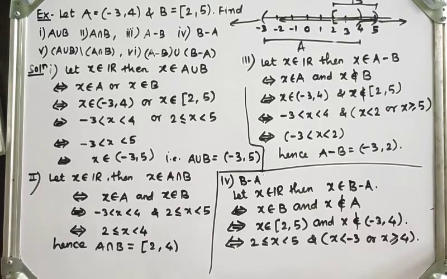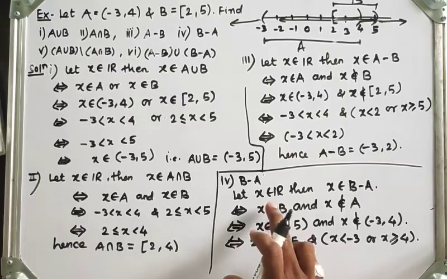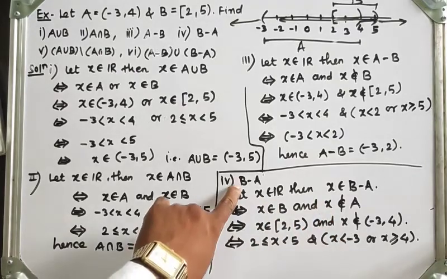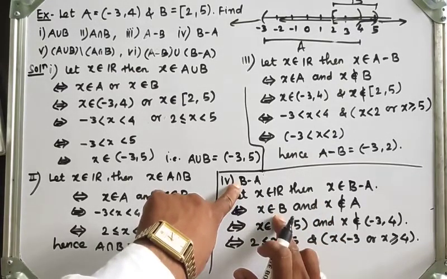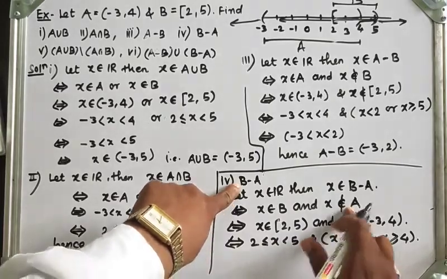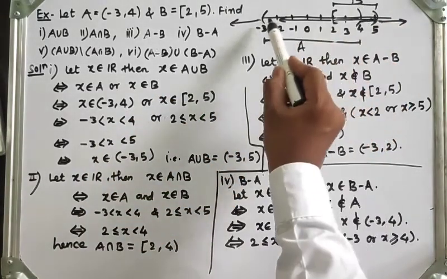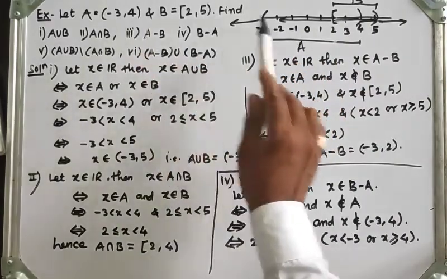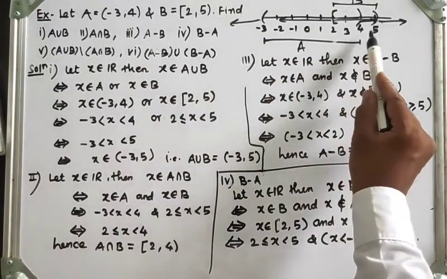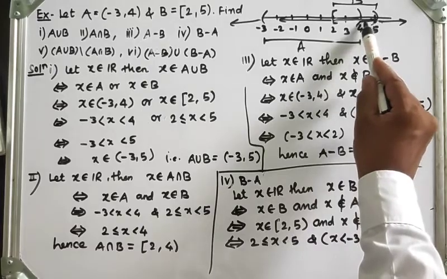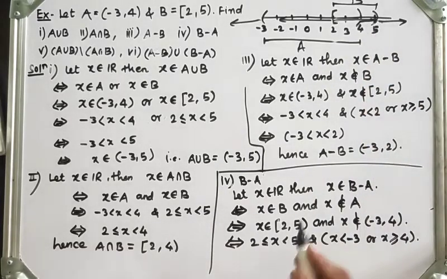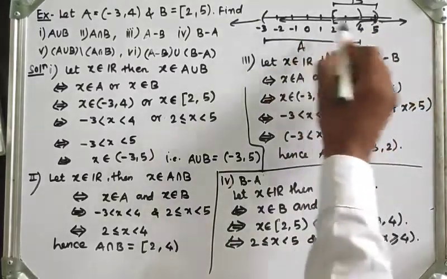Therefore, the definition of b minus a is the set of points x that belong to b but do not belong to a. A is -3 to 4, so the remaining points are from 4 to 5. Here it is a closed interval, so 4 is included in this set.